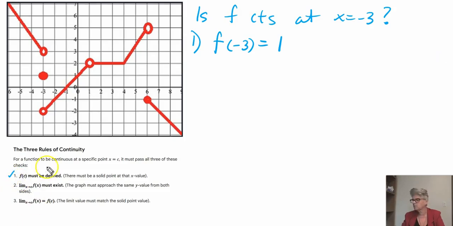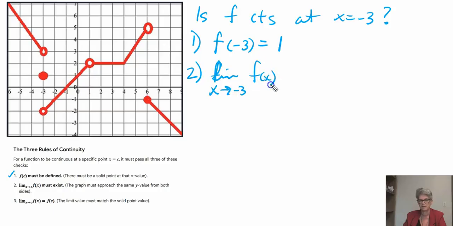All right, now, what about the limit? So I'm going to need to look at the left-hand limit and the right-hand limit. Okay, so for this second one, what's the limit as x approaches -3 of f of x? Well, what's the left-hand limit?